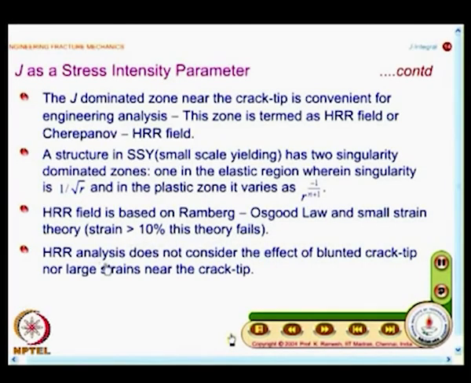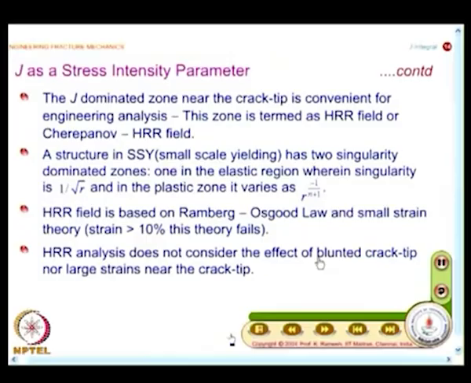While we looked at linear elastic fracture mechanics, we had this root r singularity, and we said that because of very high stresses near the crack tip, the crack would invariably blunt. That was not taken care of in LEFM. The moment you come to elastoplastic fracture analysis also, the blunting of the crack tip is not accounted for.